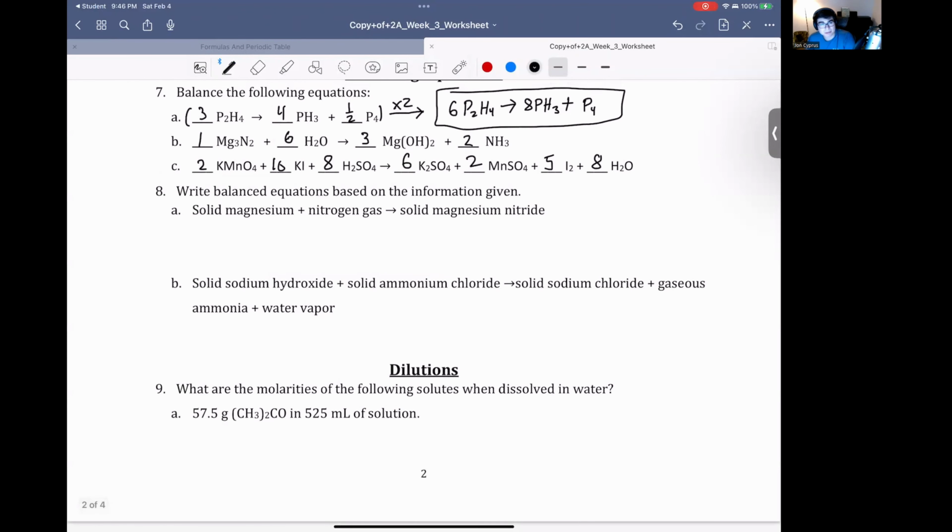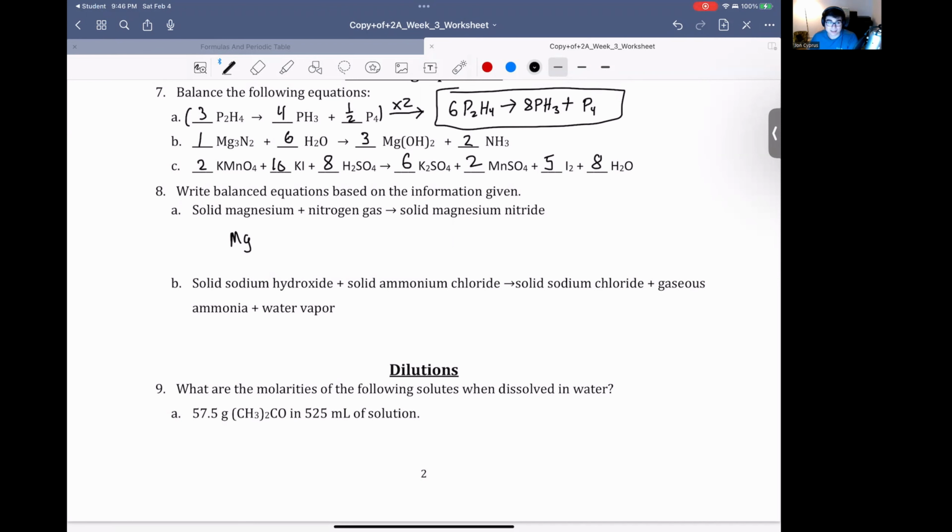All right, we'll go to number 8 here. It says, write balanced equations based on the information given. It says solid magnesium plus nitrogen gas gives you solid magnesium nitride. So how do we do this, right? You just write these out. So first we have solid magnesium as such, right? Not 2 plus. It's not aqueous.